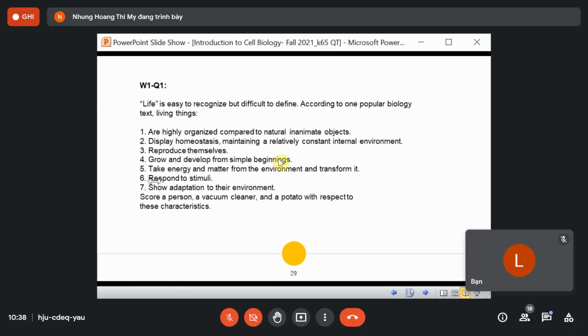As I said, in biological terms, life is a thing that contains or is made up of cells. According to one popular biology text, living things are made from these 7 characters. Based on these 7 characters, score a person, a vacuum cleaner, and a potato with respect to the characteristics. That means how many characters a person, a vacuum cleaner, or a potato has based on the characters listed here.